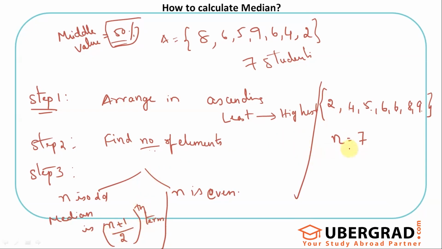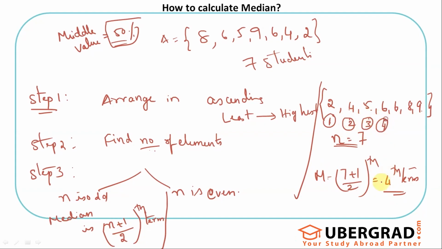What do I mean by that? See here, n is odd. n is 7. So the median is the (7 plus 1) by 2th term, that is 8 by 2, which is the 4th term. In this arranged order, this is the first term, this is the second, this is the third, this is the 4th term, and that is my median. 6 is the median for this case.